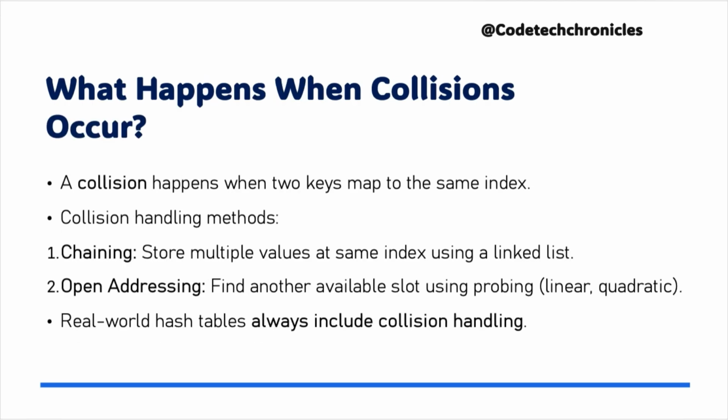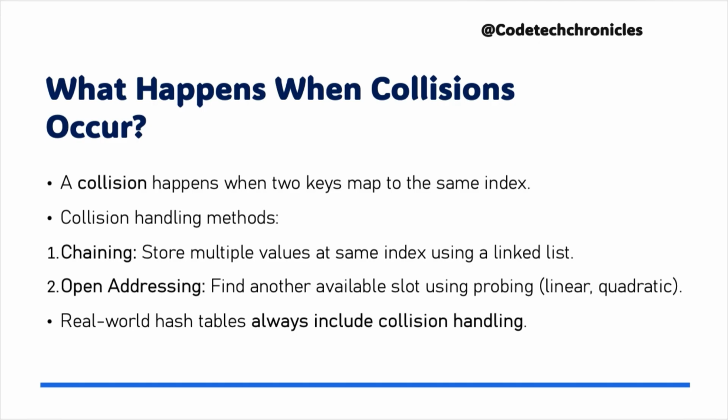What happens when a collision occurs? Sometimes two keys hash to the same index. This is called a collision. We handle collisions in two main ways. First, chaining: use a linked list or list at an index to store multiple items.